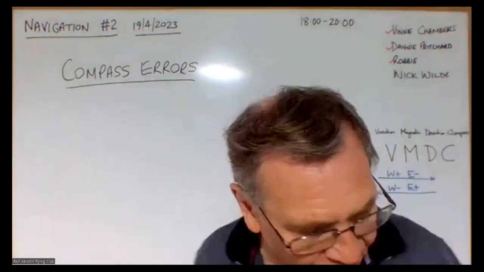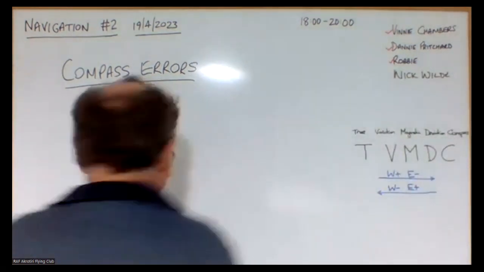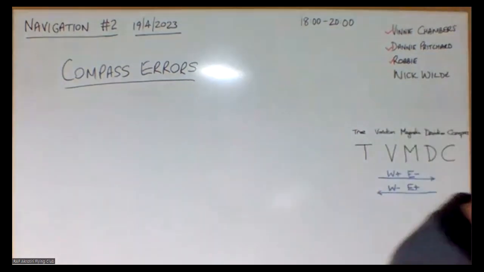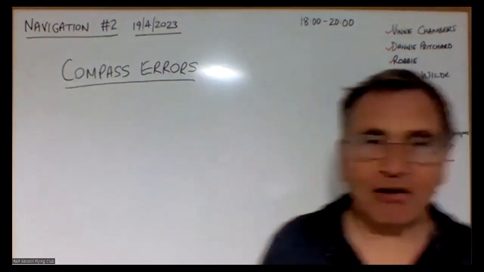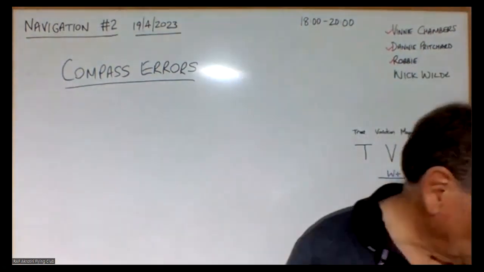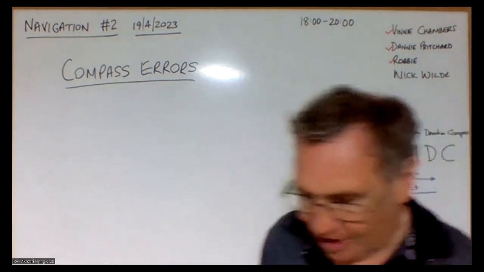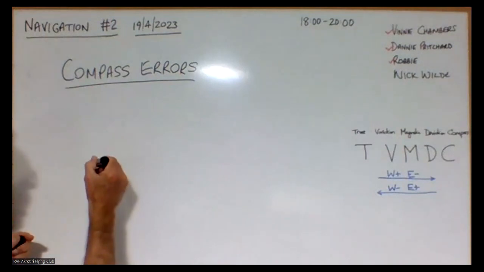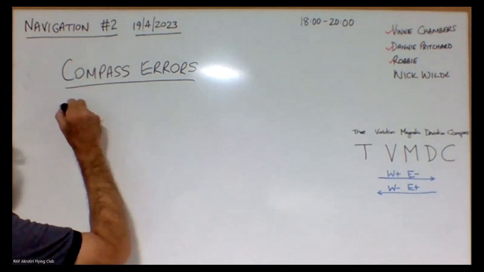So I'm going to talk about what actually happens and what we do about it. I'm not going to go into the physics that relates to it all. You'll just have to accept the fact that there are some magical things that happen to magnets. Now, the first thing that happens is what we call a turning error.